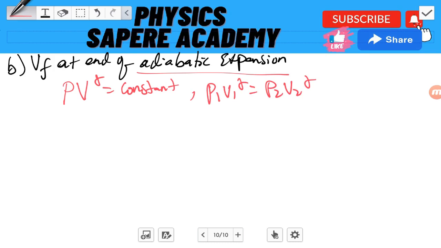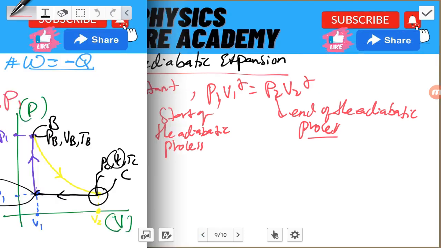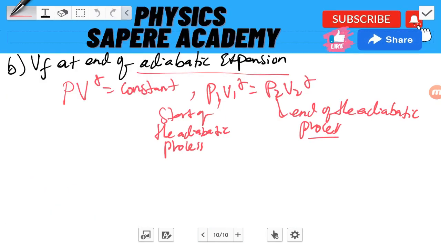Now P1 V1 የሚባለው it's at the start of the adiabatic process ላይ ያለው ይሄ ደግሞ at the end of the adiabatic process ላይ ያለው ነው. Now the start of the adiabatic process ማለት እዚህ ጋር while the end of the adiabatic process ማለት እዚህ ጋር. Now እዚህ ጋር ከእንደገና አንዴ ግራፉን አሳጠሪው እዚህ ጋር ብስለው so እዚች ጋር ማለት ነው.